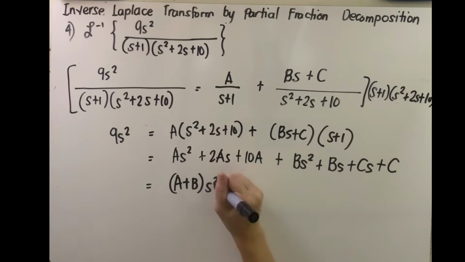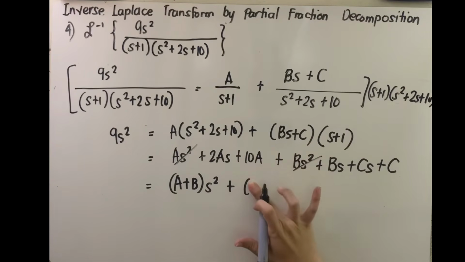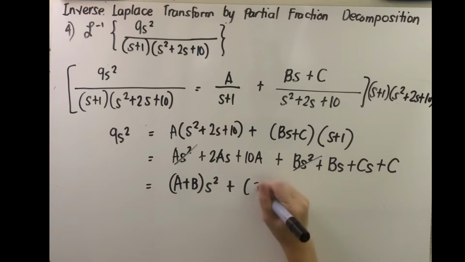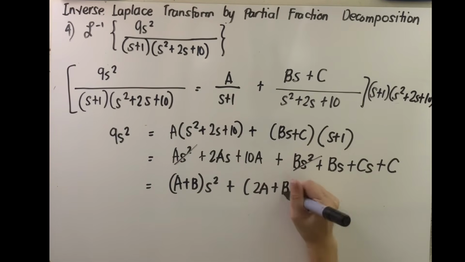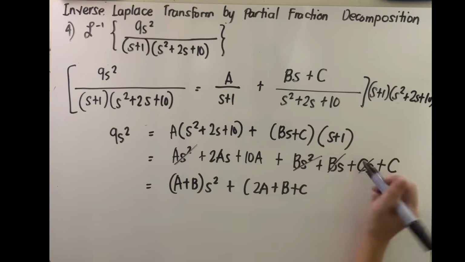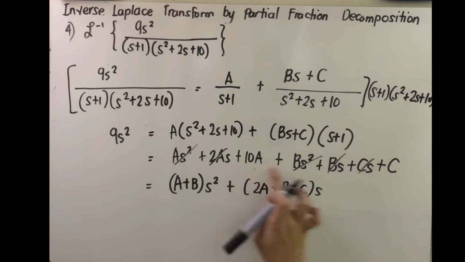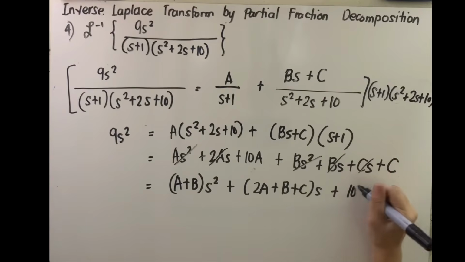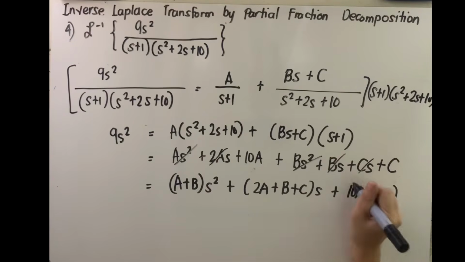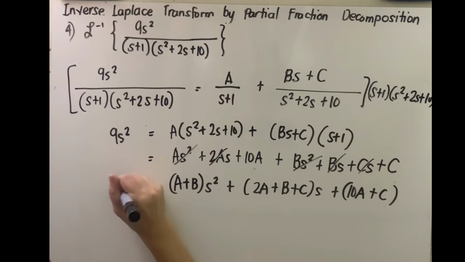If you factor out s squared, and then we have s terms, wherein your coefficients are 2a, b, and c, right? Multiplied by s, and then you'll be left with the constant, 10a plus c, and on the left side, you get 9s squared.